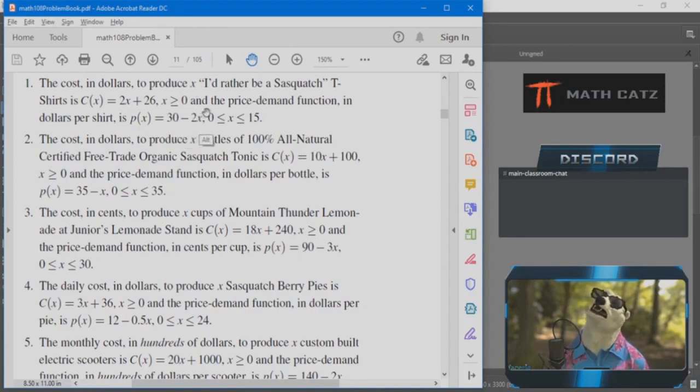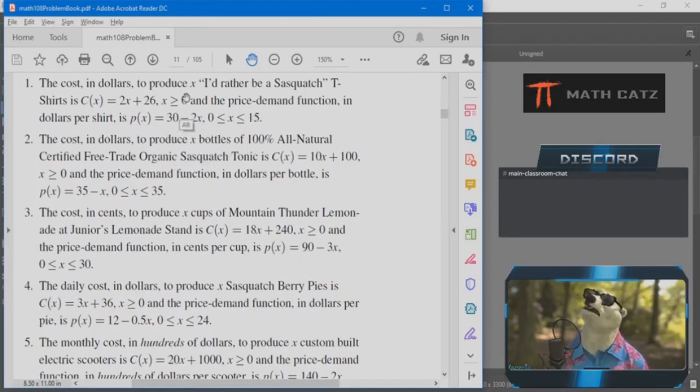And then in addition to that, the price demand function in dollars per shirt is given by this. That's sort of how many I'm going to sell. If I make X, then the price at which I can sell them, assuming I sell them all for simplicity, is going to be given by this. Let's just ignore the range for X. We don't have to read too much into that right now.